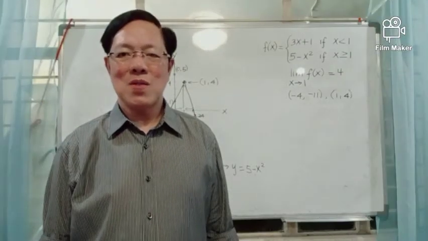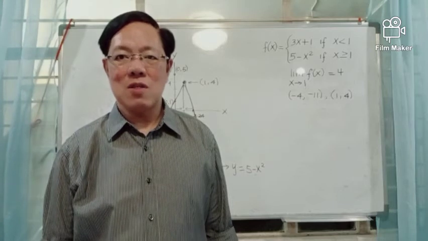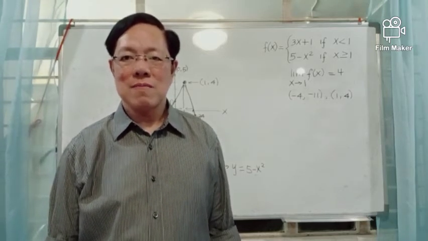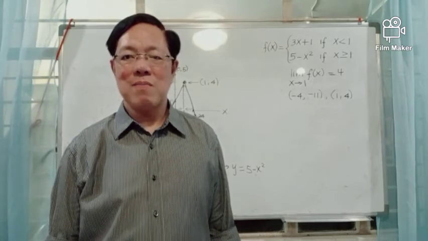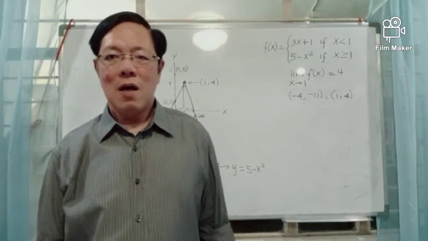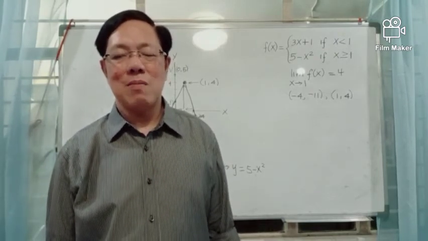Today we learn how to evaluate or find the limit of a function if the function has two values, or if the function is defined by two function values depending on the restrictions on the values of the independent variable.